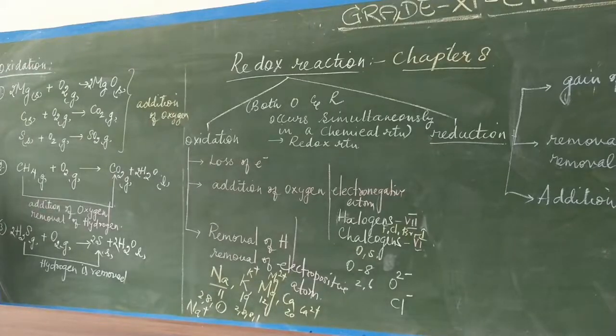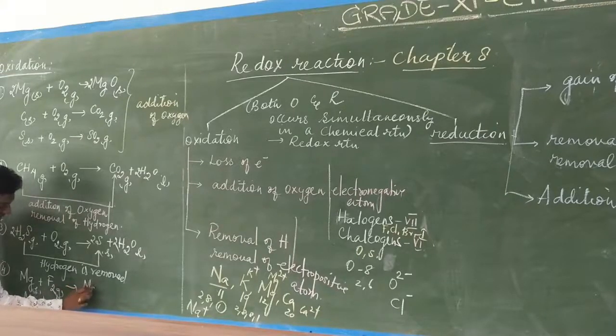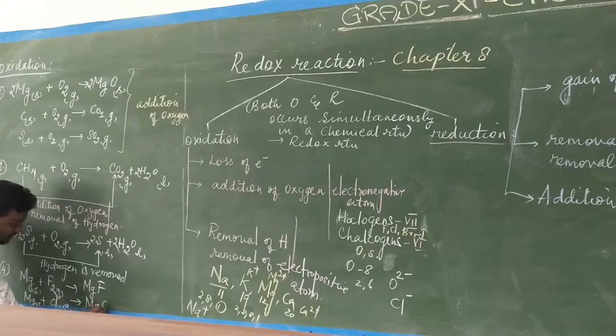Third. Now coming to the fourth example. You take magnesium combining with fluorine, which is a gas, and magnesium, a solid, combining with chlorine, again a gas. So here magnesium fluoride, here magnesium chloride.